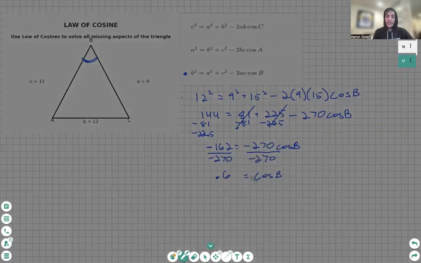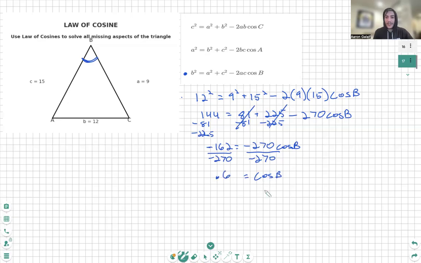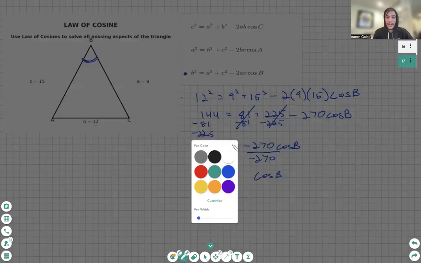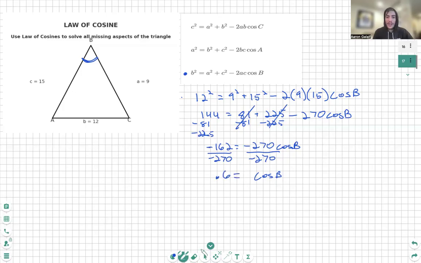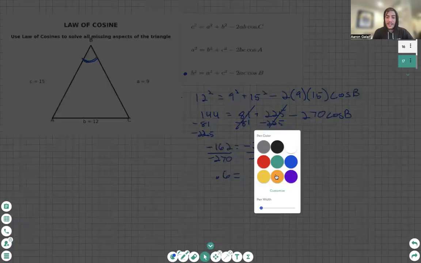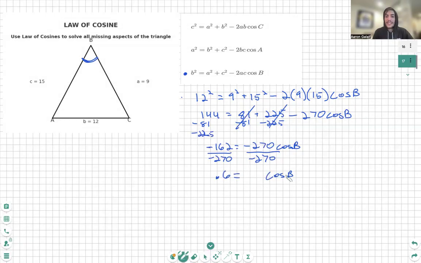Now, I want my cosine to get canceled here. The only thing I can do in order to cancel a cosine would be to use the inverse on both sides. So here we have 0.6 equals cosine of B. So I inverse cosine both sides. Just like that.